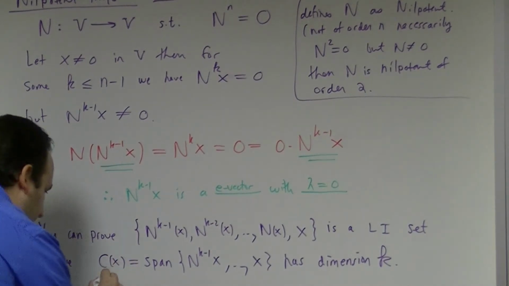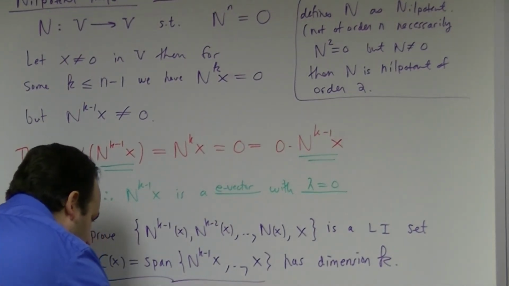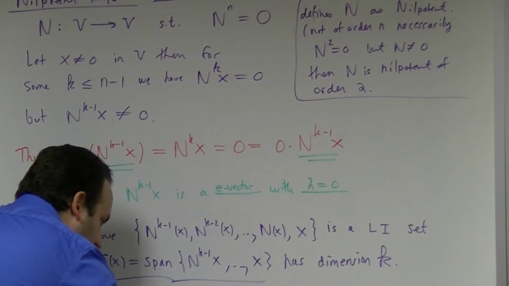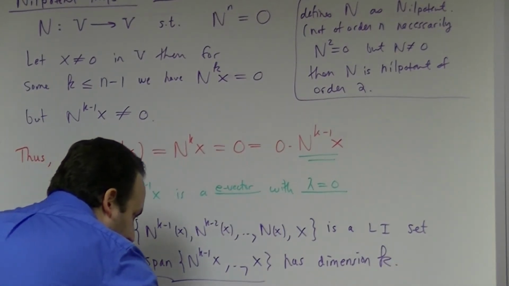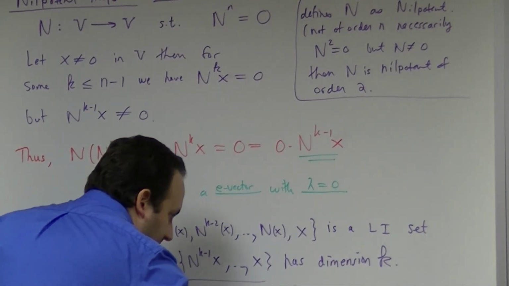So this thing I just wrote down here is the so-called k-cycle generated by initial vector x.